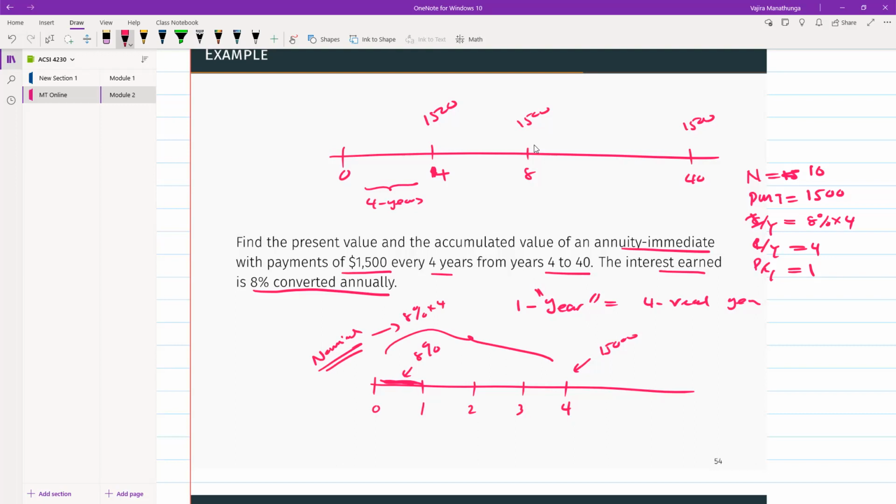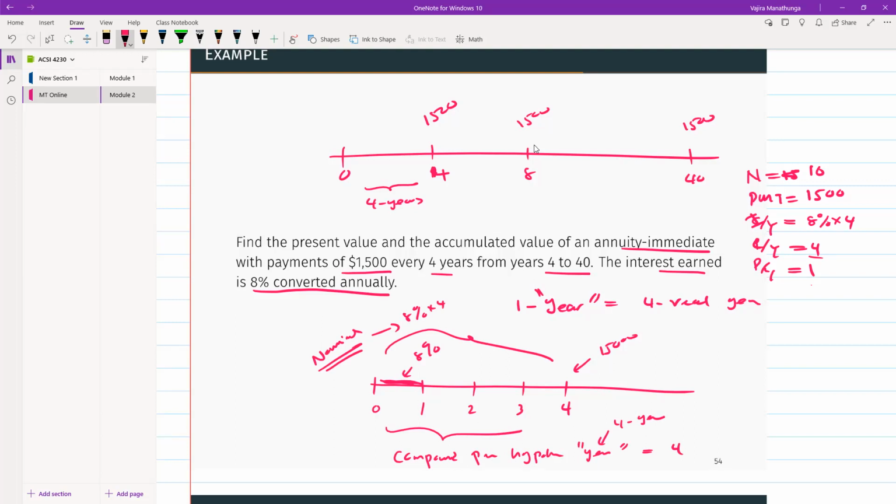Then the compounding per year, where year means our hypothetical year, which is actually 4 years, is 4 times. And the payment for that hypothetical year is only once because you are getting only 1.